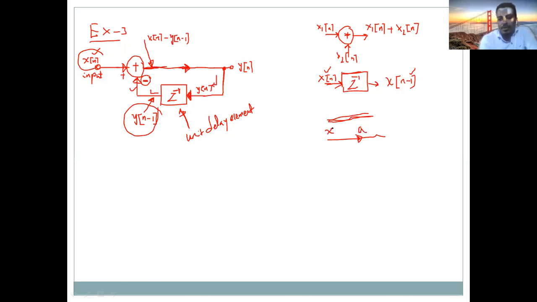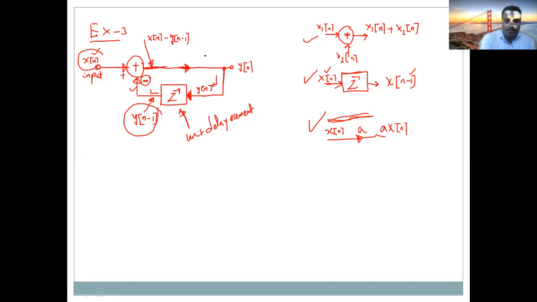Any signal you apply as input, the output of this multiplier is the input multiplied by the constant A. So what are the three basic elements in discrete time system design? Adder, memory unit, which is the unit delay element, and multiplier, just like capacitor and inductor.